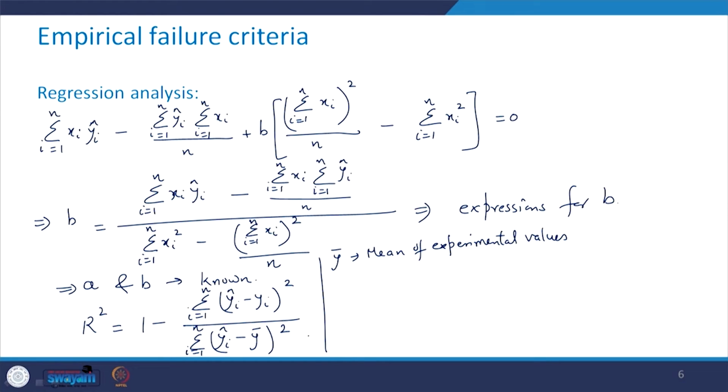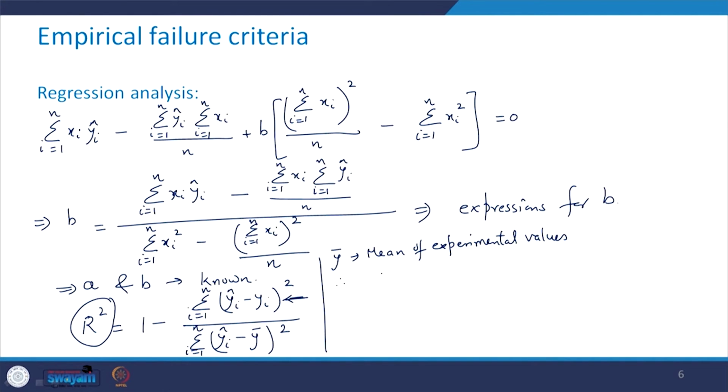Now what will happen if this quantity is small? See, if the numerator of this term is small, then this R square is going to be larger. A smaller difference signifies that it is a better representation of the data by the model.